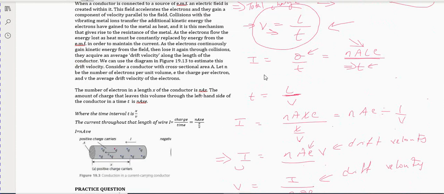So we're left with this equation to say I is equal to N times A times L times E, all of that divided by T, which is L divided by V. Clearly, we can cancel out L, because L is in the numerator here and it's also in the denominator. So what we're left with is N times A times E divided by 1 upon the speed.